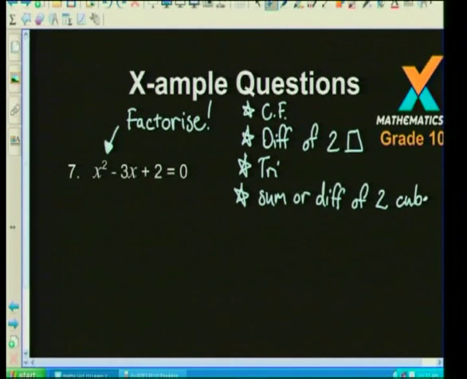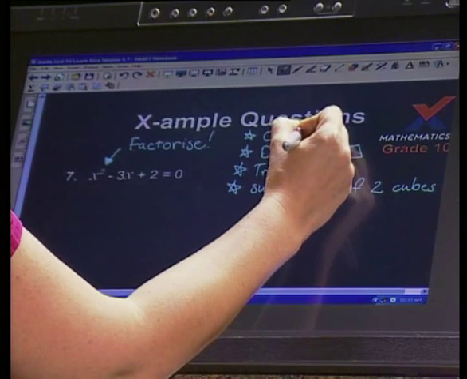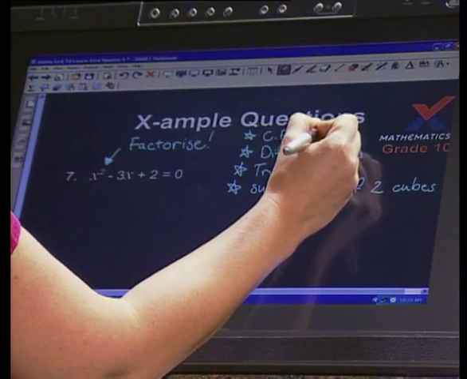So those are the 4 things you need to look for, and in the order you need to look for them in. So the first thing you always look for when you're doing step 2 is a common factor. Then you look for a difference of 2 squares, then you do a trinomial, and then a sum or difference of 2 cubes. Remember, your common factor also includes grouping and changing the sign.